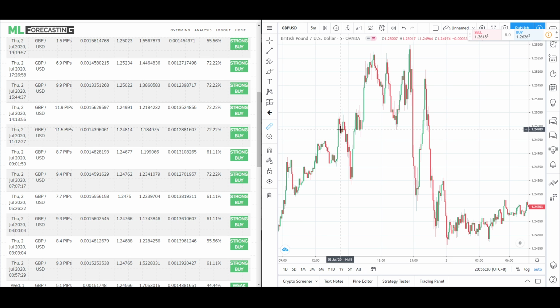Bummer. Because it's a good range. It's unfortunate we couldn't hit that bottom there. 14.13. So 24991. So stopped out of that one.